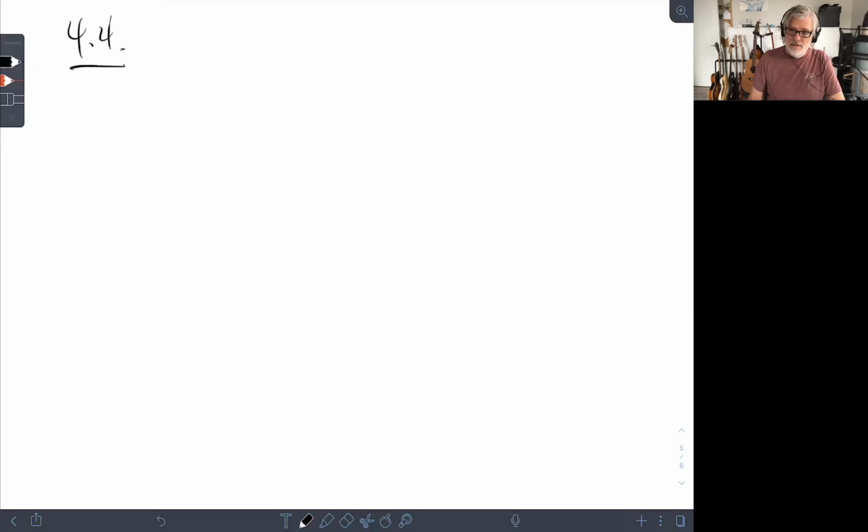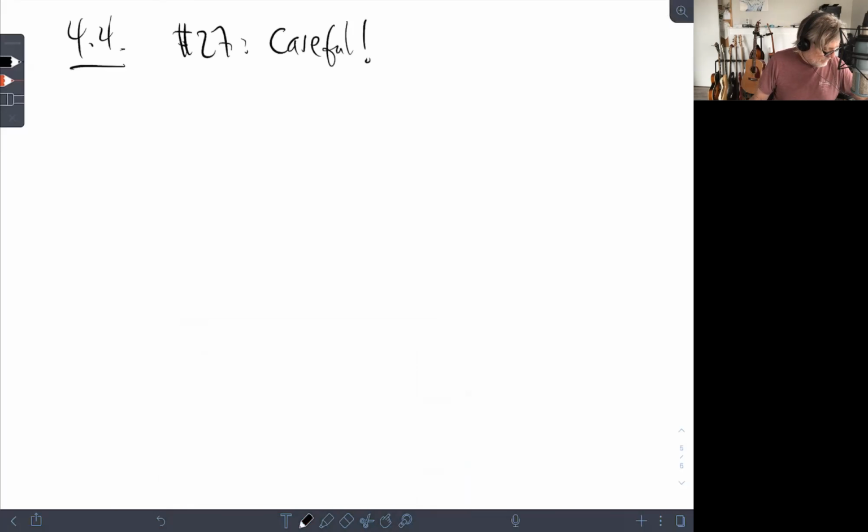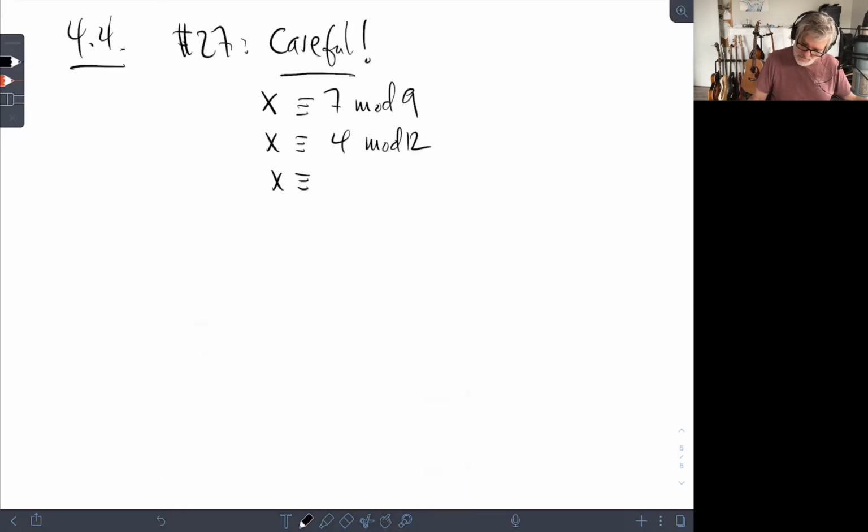So you can't apply the Chinese remainder theorem as stated. Okay, so number 27, careful.